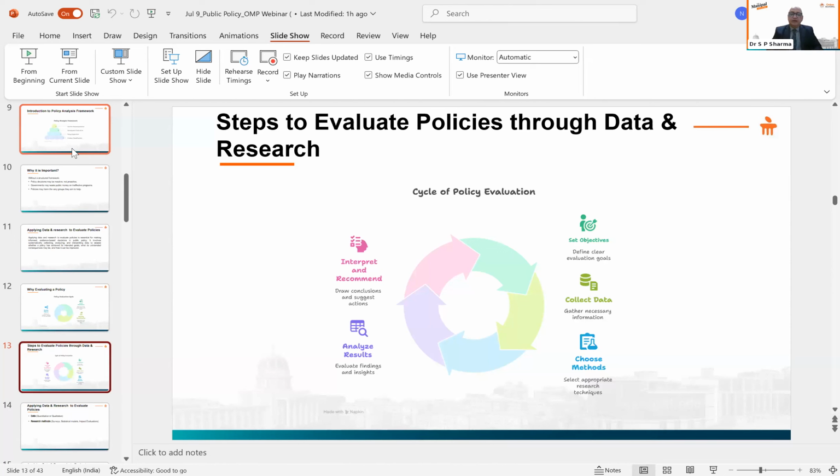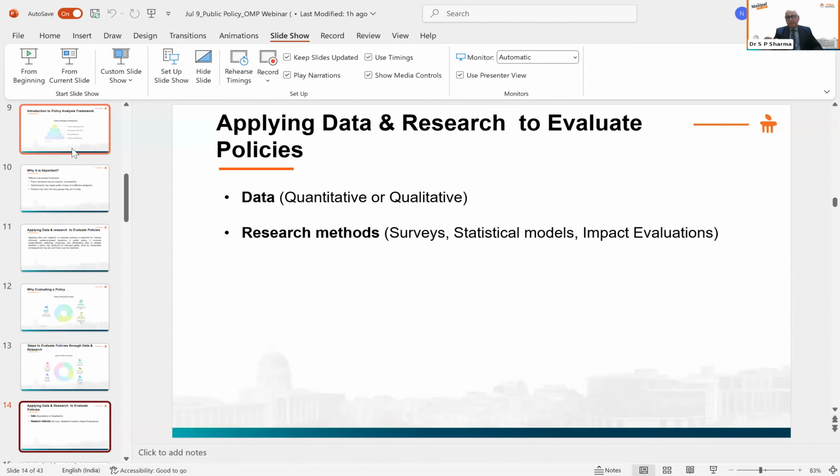So all these things are decided on the basis of the nature of that particular problem, or that particular policy, or also the particular business environment.